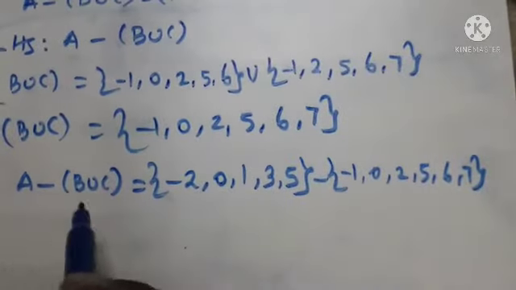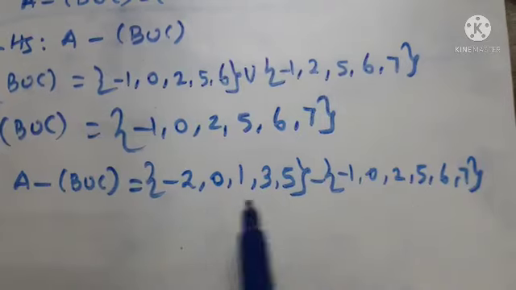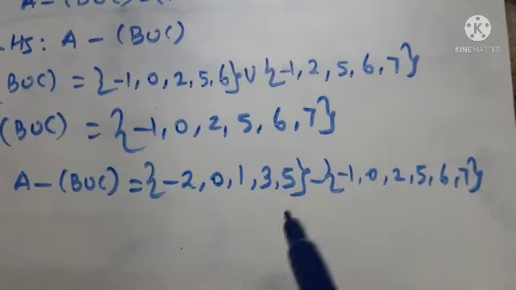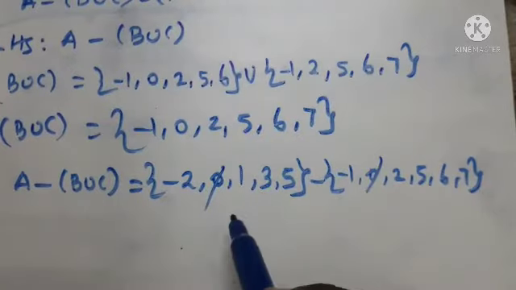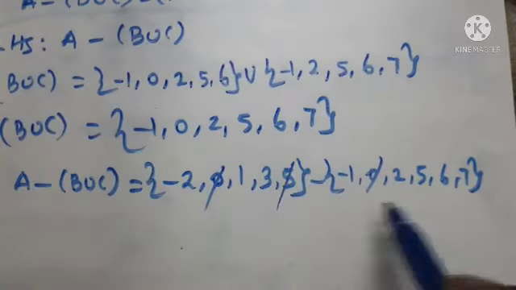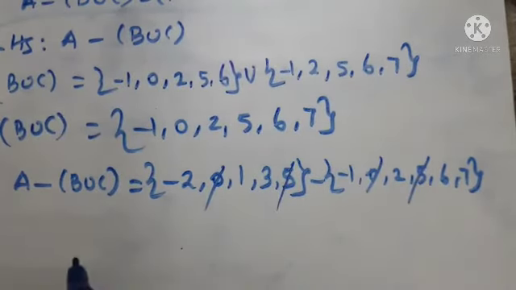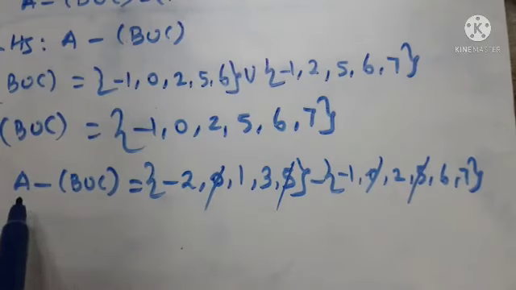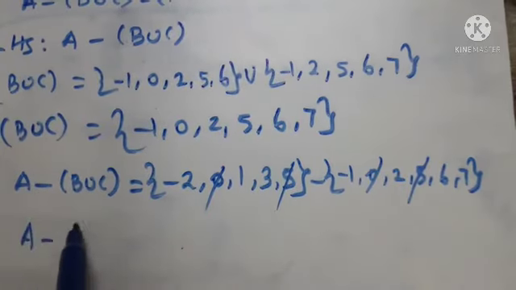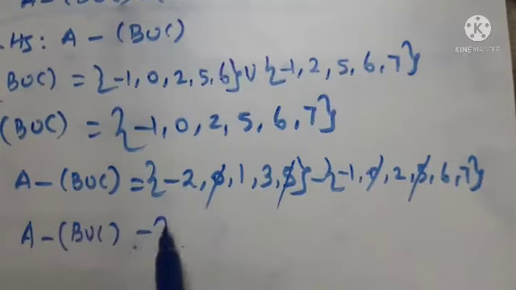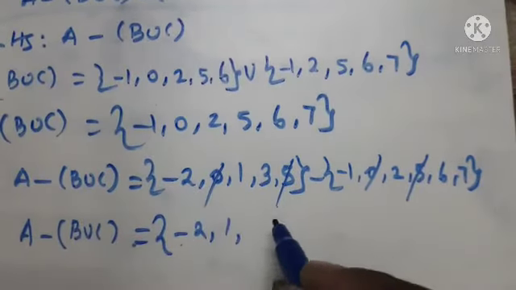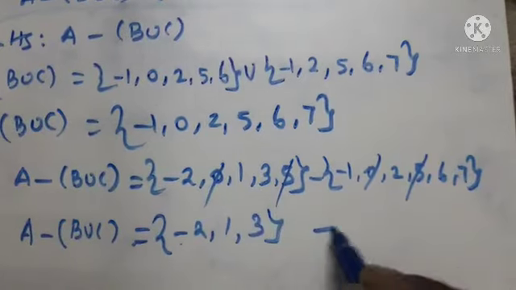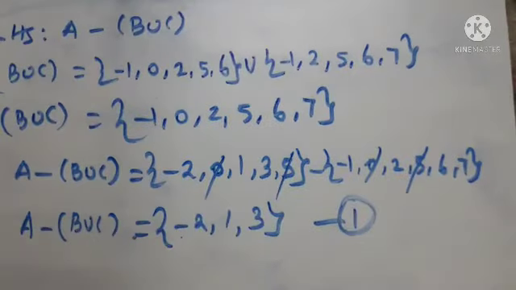Now A − (B ∪ C) means elements in A but not in B ∪ C. First strike out the common elements. 0 is common to both sets and 5 is common to both sets. So write the remaining elements of A. A − (B ∪ C) is equal to {-2, 1, 3}. So this is equation 1.